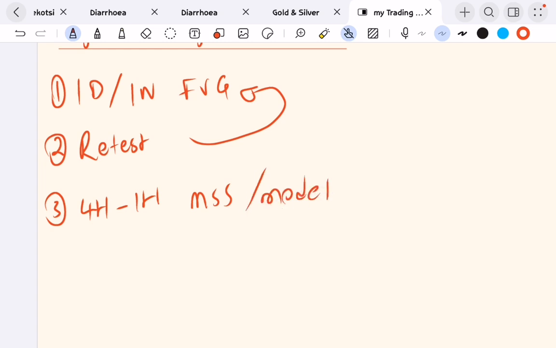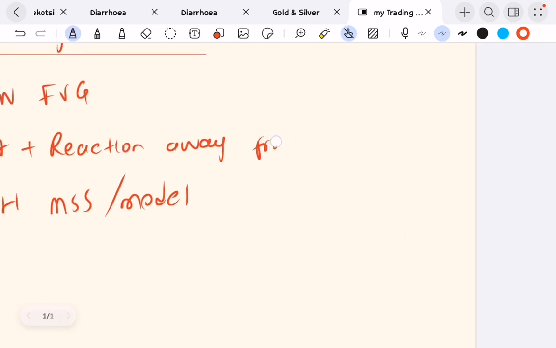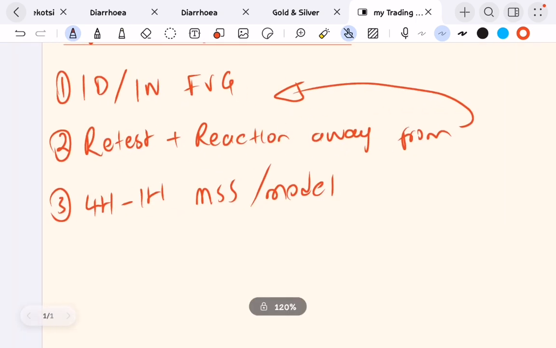Basically, I want to see a reaction, plus a retest, plus a reaction away from this. You understand me?